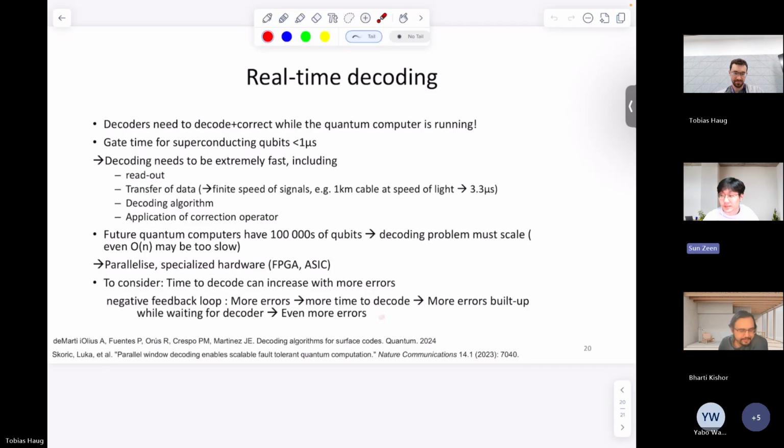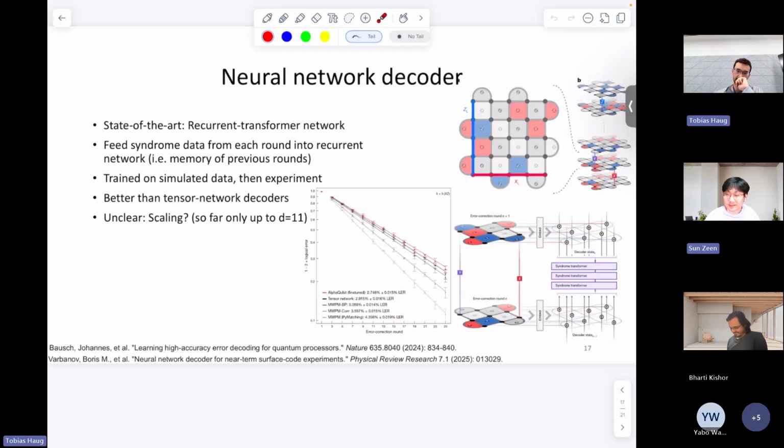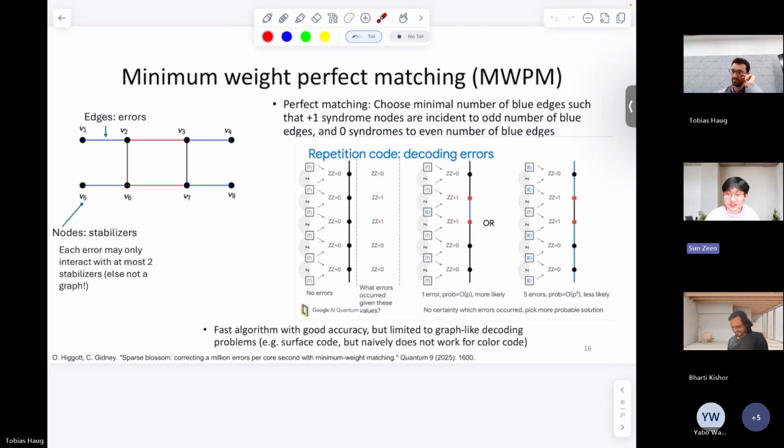Yeah, I have another question regarding the applications. You mentioned that minimum weight perfect matching only applies to graph-like codes, right? For the other decoders, are there any similar restrictions, or are they universal decoders for any kind of code? Yes, minimum weight perfect matching, as I said, only works on graph-like codes, but you can take any decoding problem and approximately turn it into a graph-like structure.